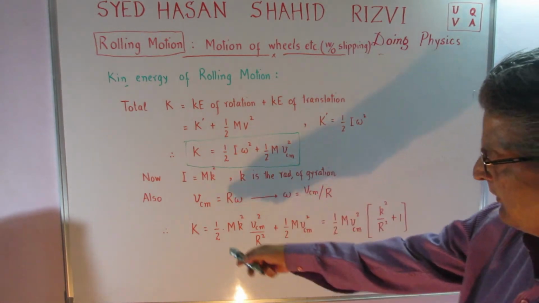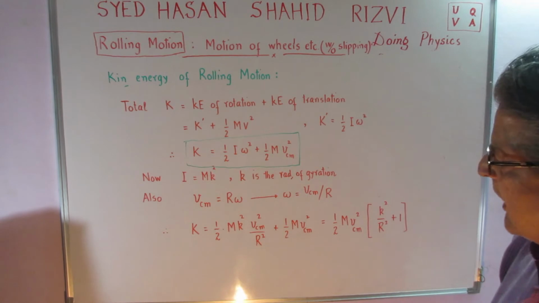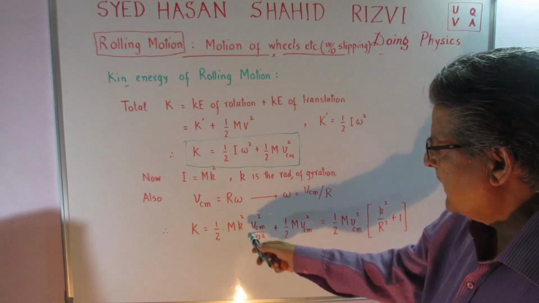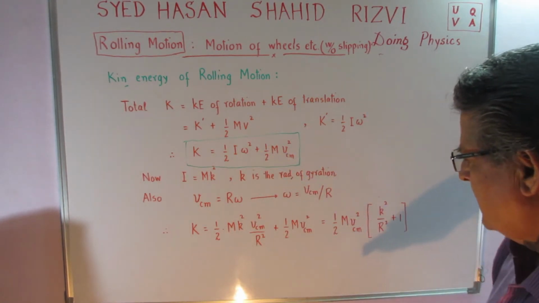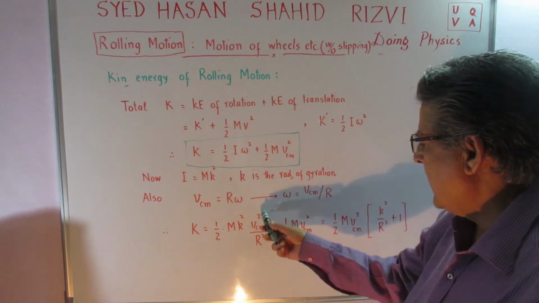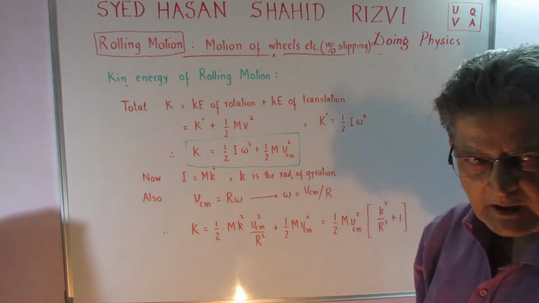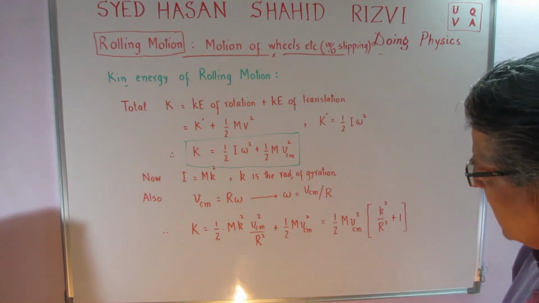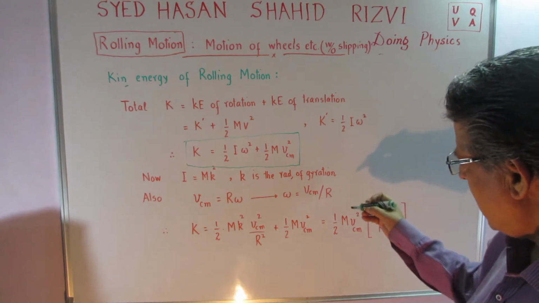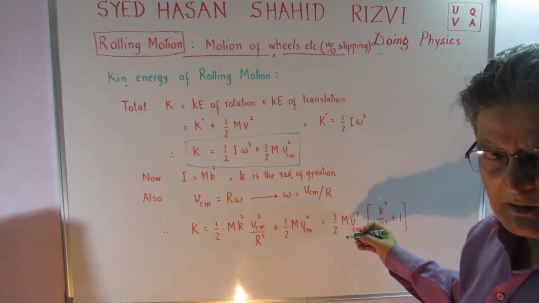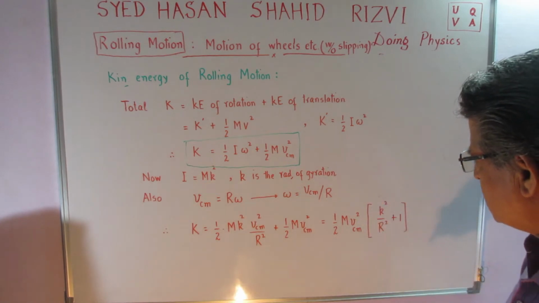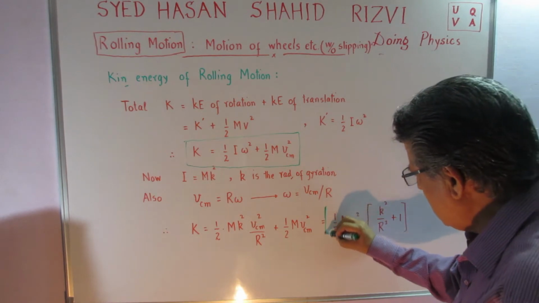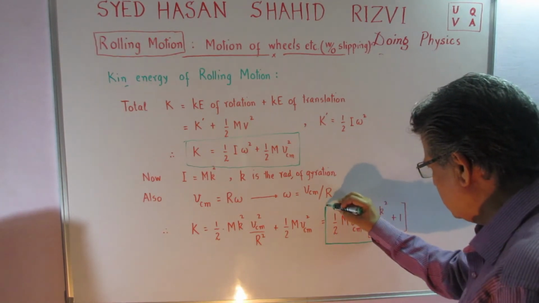And if I substitute these values in the previous equation, I get half, for I write m k square, for omega square, v center of mass square divided by r square, plus of course half m v center of mass square. And if I take this half m v center of mass square, which is the kinetic energy of translation, then what I get is a formula which anybody can remember.